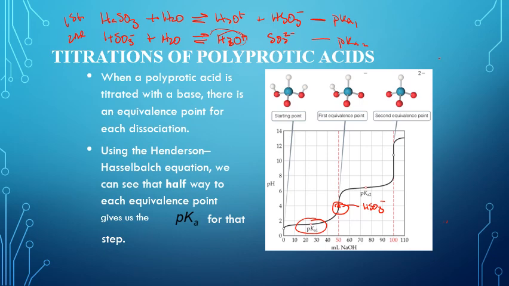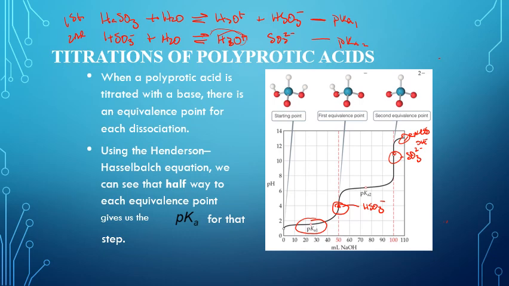I have my second equivalence point where now I have just the SO3 2 minus in the solution from the original acid, and then I have the Na plus as well. And then finally, once I get up above that point, as I add more, I would have just the excess, so this would be our excess OH minus ions that are in solution at this point, and so we could calculate the pH from that concentration.